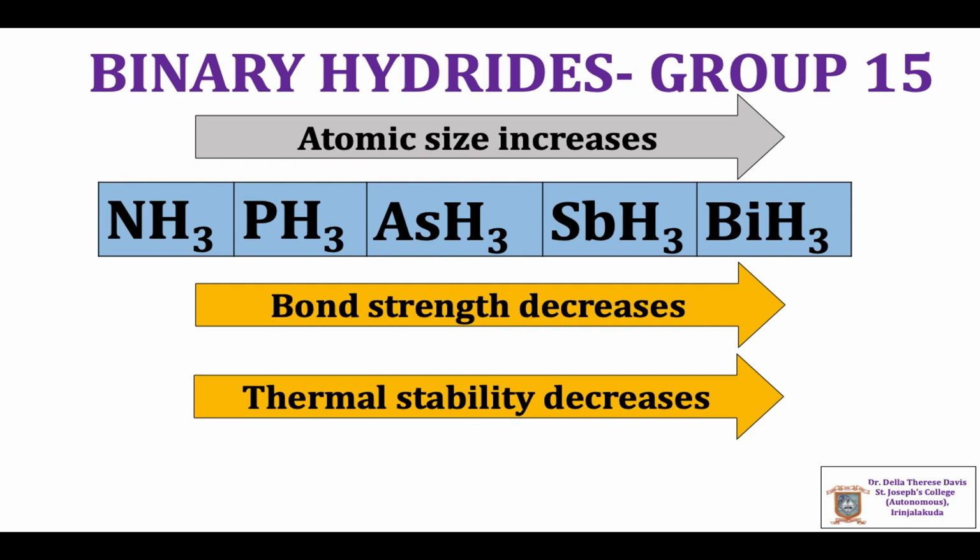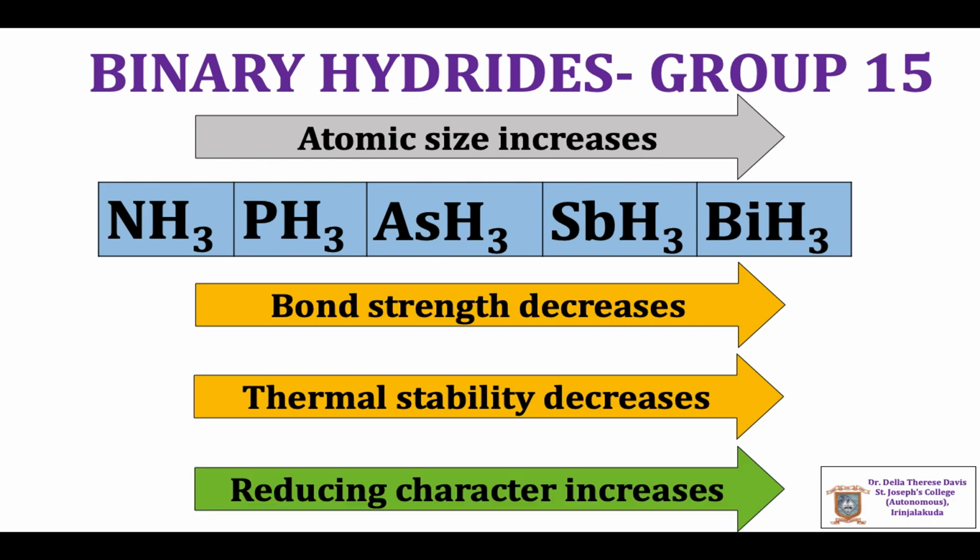And as the bond strength decreases, the thermal stability of the molecule decreases from NH3 to BiH3. And the decrease in thermal stability causes an increase in the reducing character.